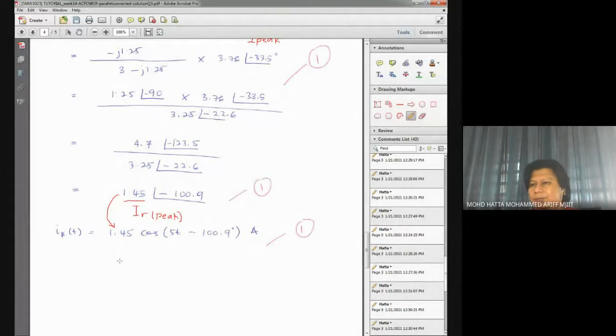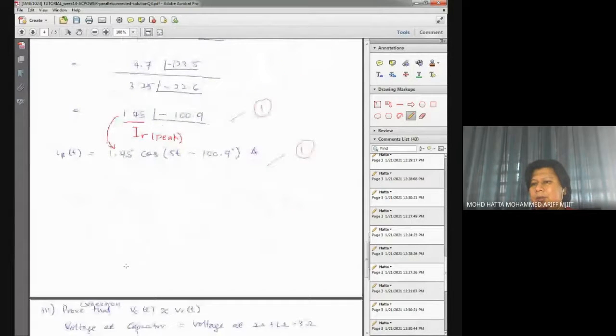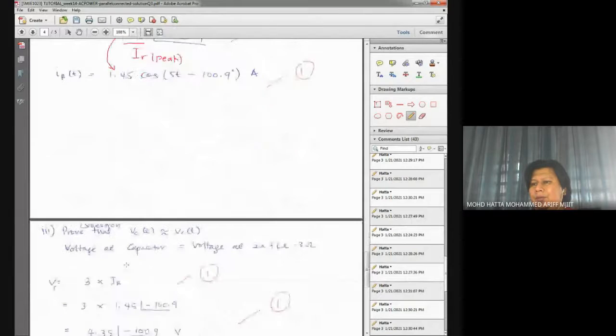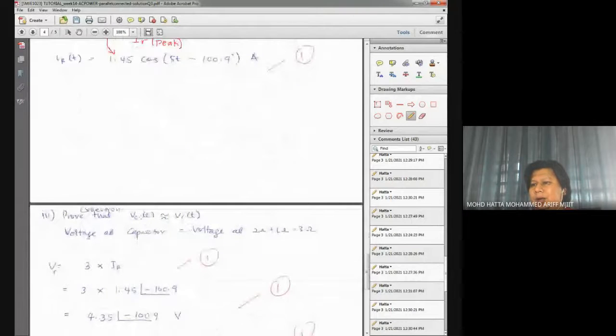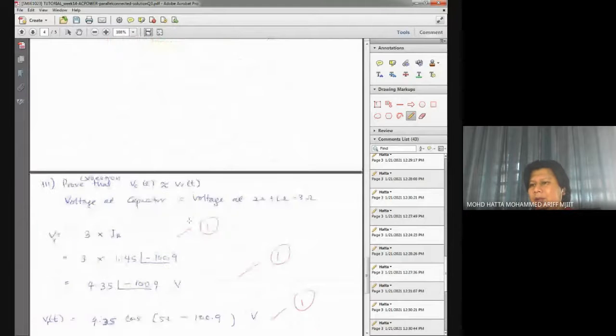Okay. Now we move into the third question. The third question says that we need to prove that VC equals VR. And again, it is a simple strategy that we use over here, where we know that since we have parallel connected elements, the voltage which is in parallel should be equal, the same value.